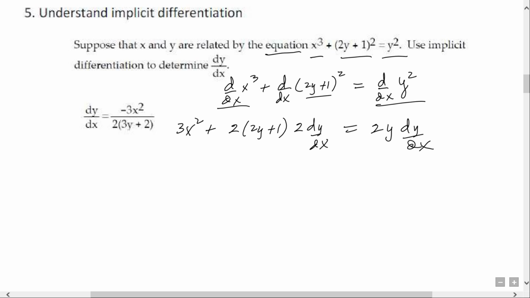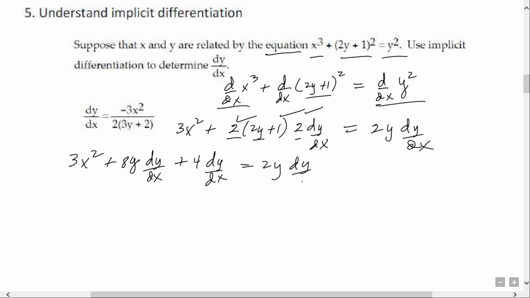This is all the chain rule. So simplifying this, we're going to get 3x squared plus 8y dy dx plus 2 times 1 times 2 is 4 dy dx equal 2y dy dx.